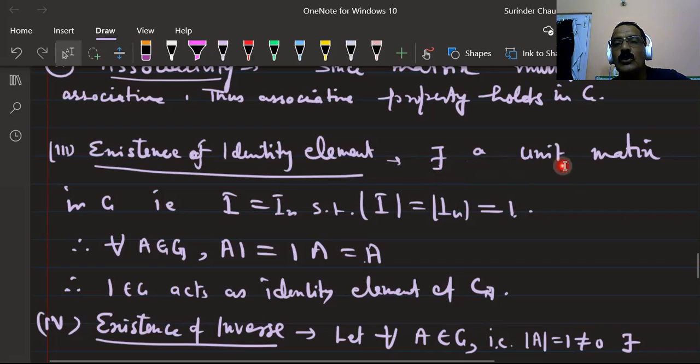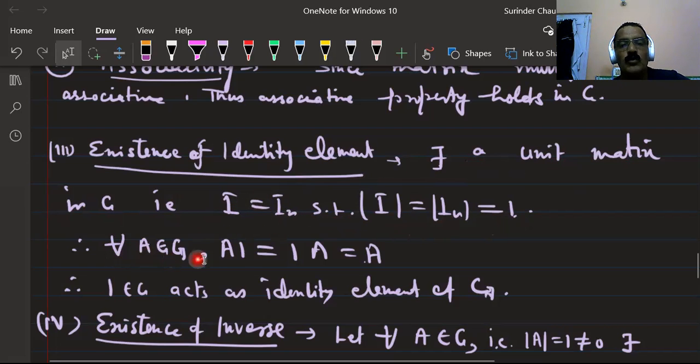Existence of identity: there exists a unit matrix in G, that is I equal to In, such that determinant of In is equal to 1. I is the identity matrix.